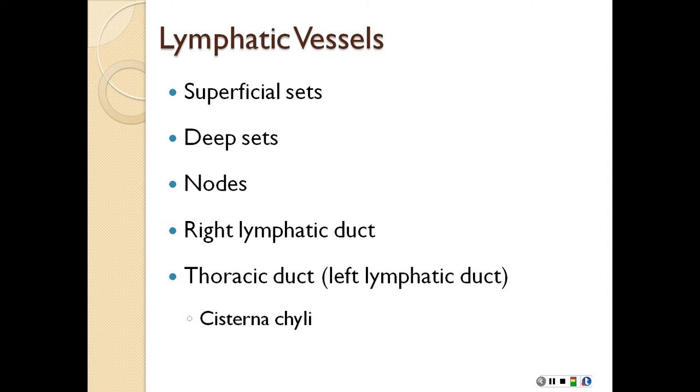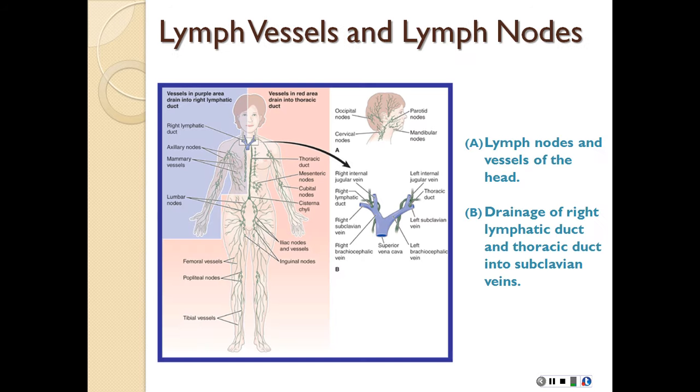So all of the lymphatic vessels dump their lymph first into the right and left lymphatic duct, and then from those two ducts into the subclavian veins. Okay, so make sure you understand this picture. There will be, I'm sure, a question or two on the test. So make sure you understand the different parts of the body where they dump their lymph.